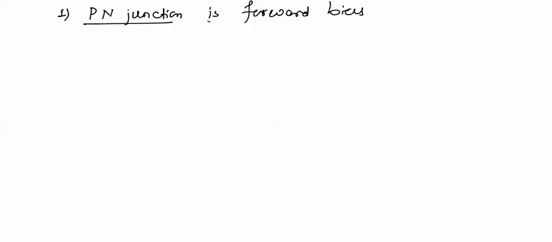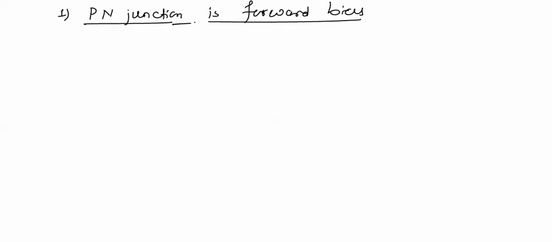Now we will study the biasing of the PN junction diode, and we will study the VI characteristics of diode. First is PN junction in forward bias.